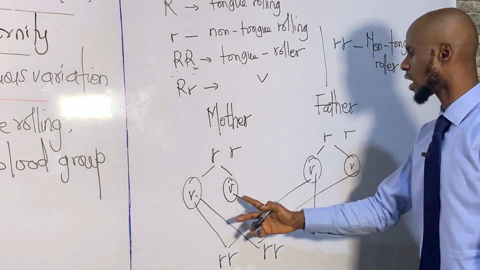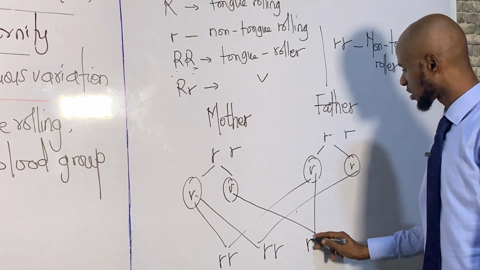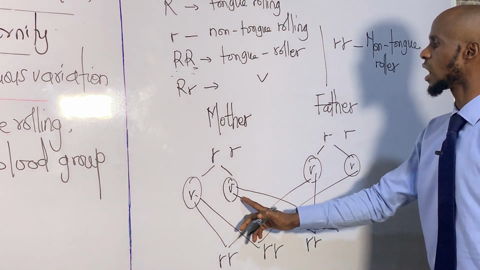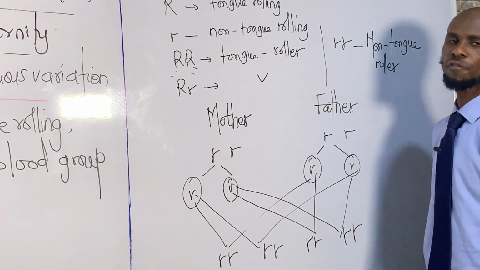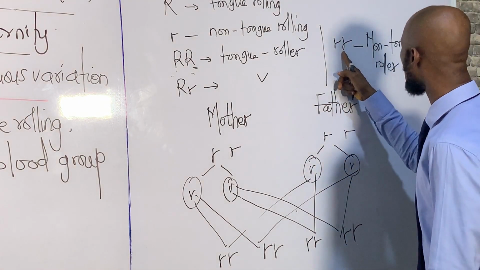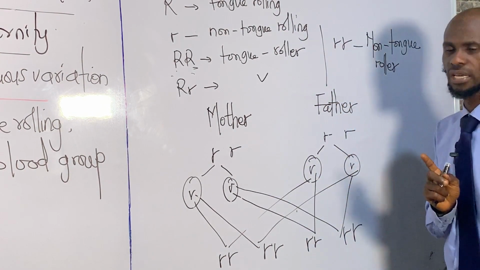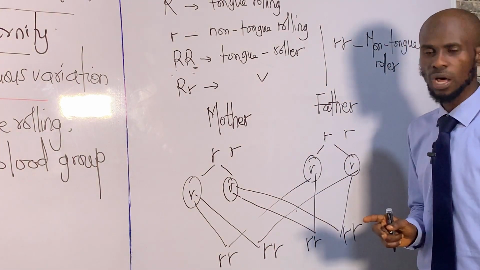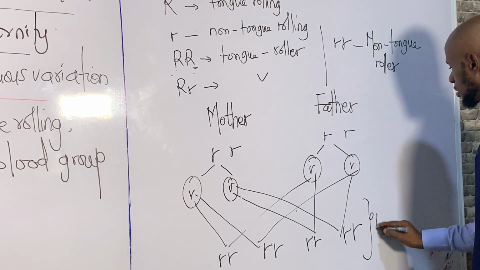Then the second small r of the mother combines with the first small r of the father, giving small r. Then the second small r of the mother combines with the second small r of the father. And don't forget that we said small r means non-tongue roller. All these children have the same genotype, small r, so they are all non-tongue rollers.